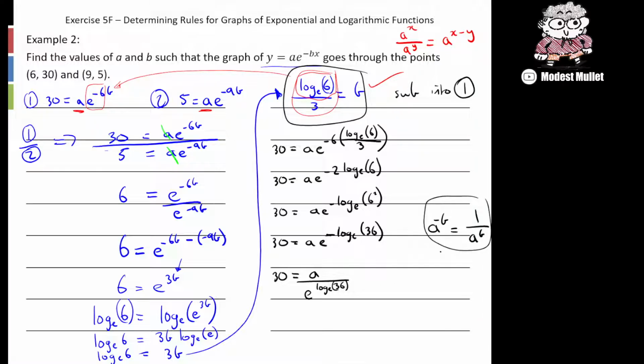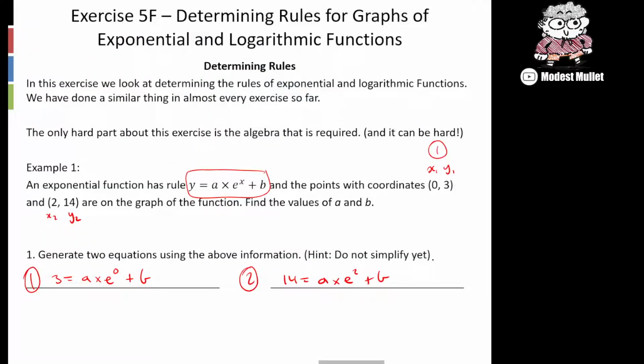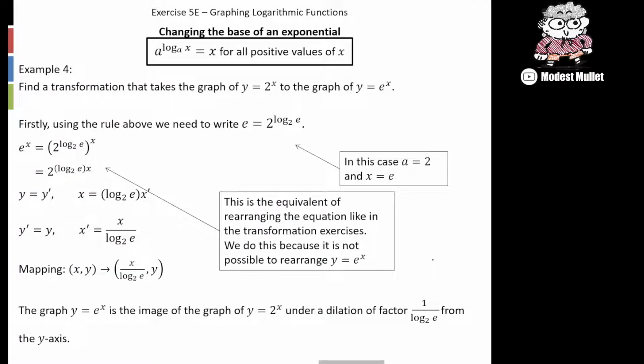And now we're finally at a stage where we're getting really close to simplifying. If we have a to the power of log base a of whatever we want, let's just put x there, that simplifies all down to just x. All of that effectively cancels out, and that was at the very end of the last exercise.